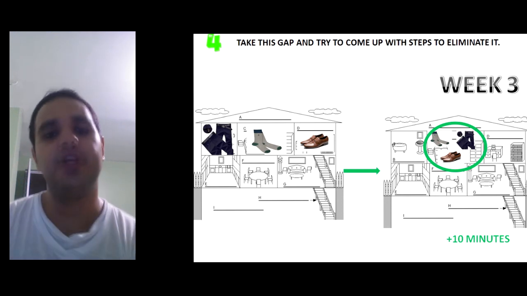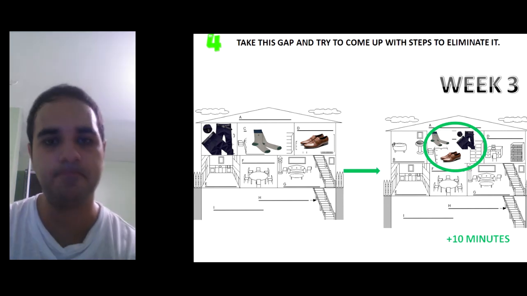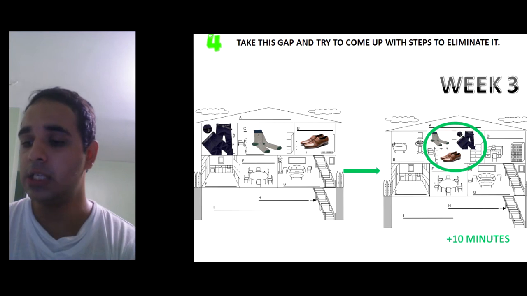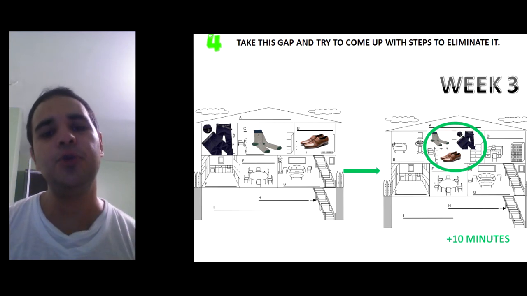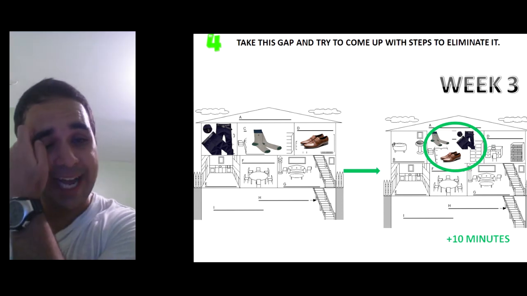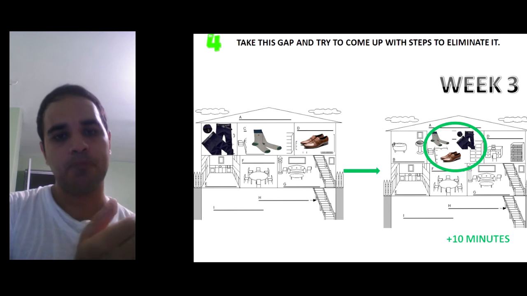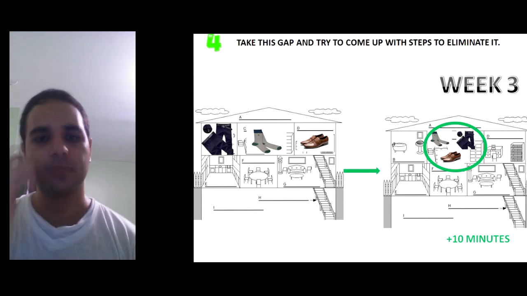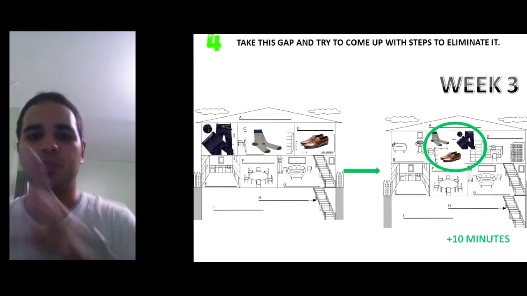The third idea that you come up with, or the third implementation, is instead of looking for the things that you need to organize in the morning, you're going to organize all the things the day before, and you're going to place those things in just one place.